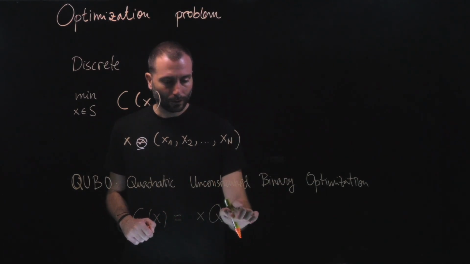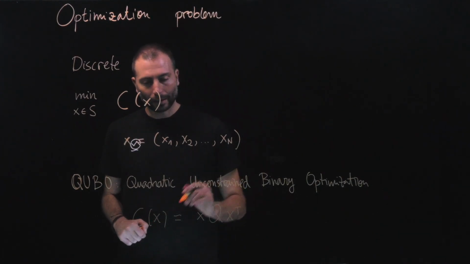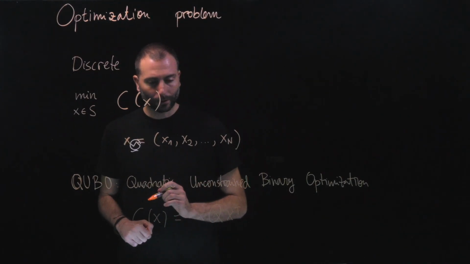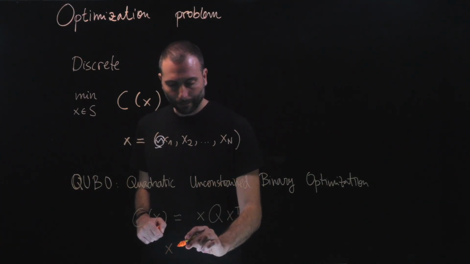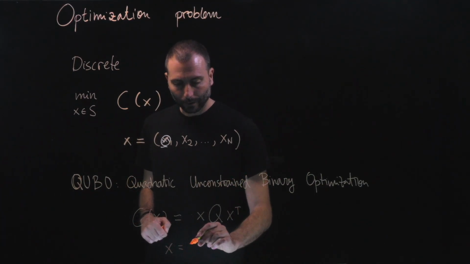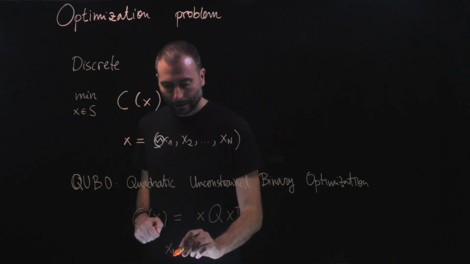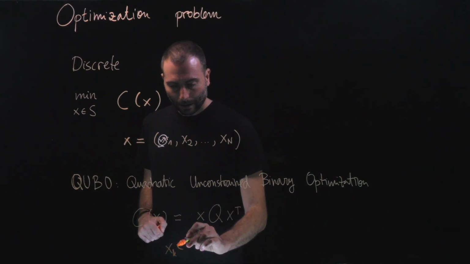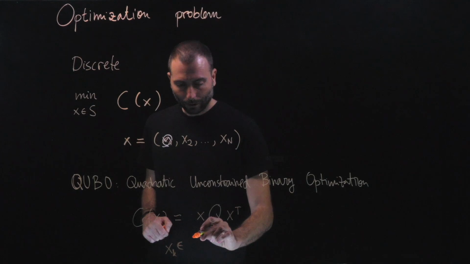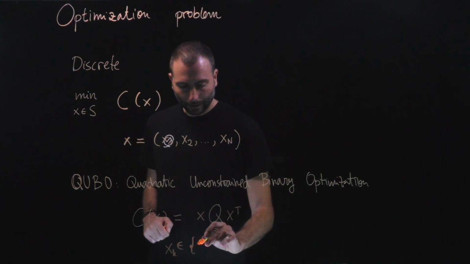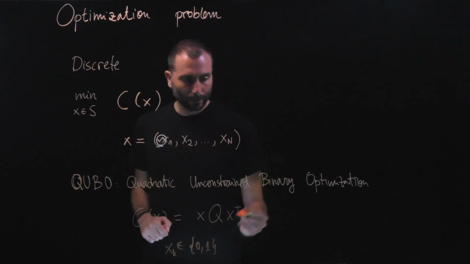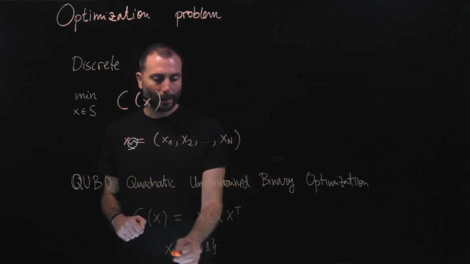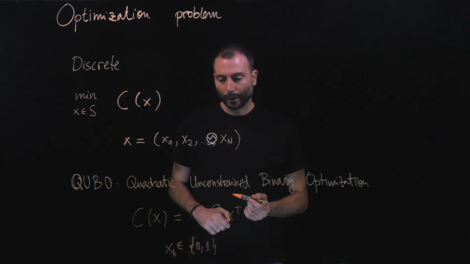Some people usually put the transpose here, but this doesn't matter. The key point is that this vector x in a QUBO problem, the components of this vector, let's say xk, can take only two values, either 0 or 1. So x is a binary string.